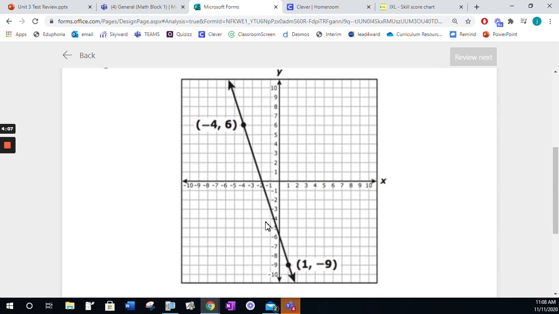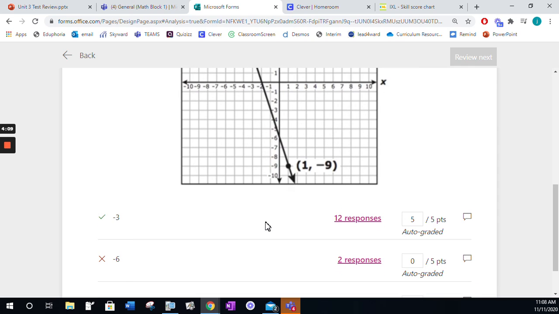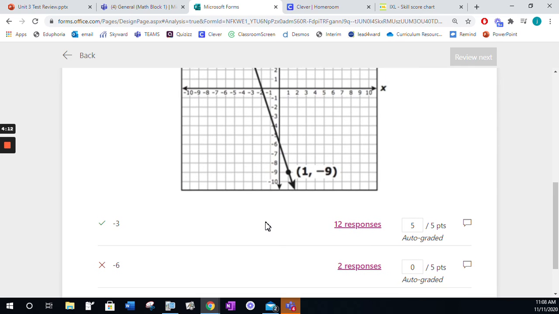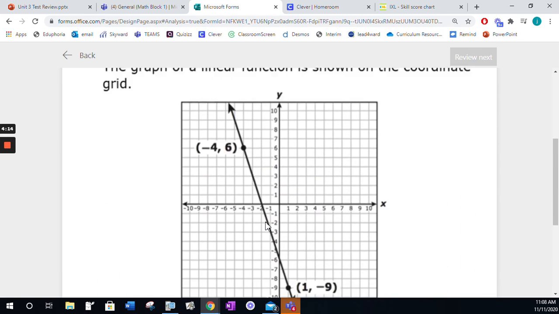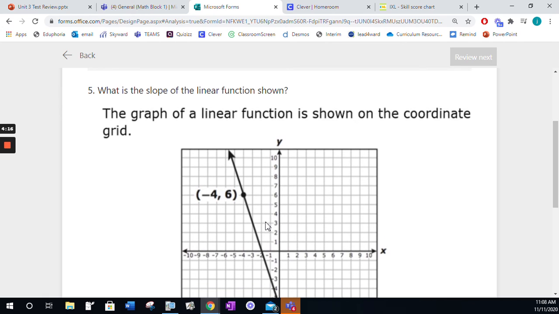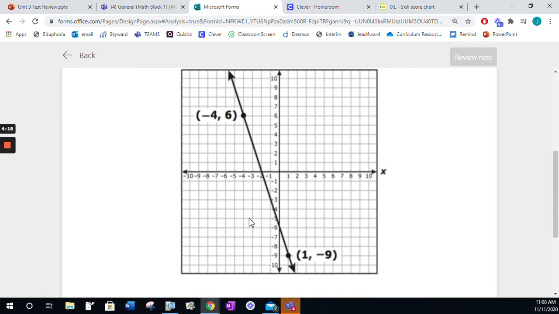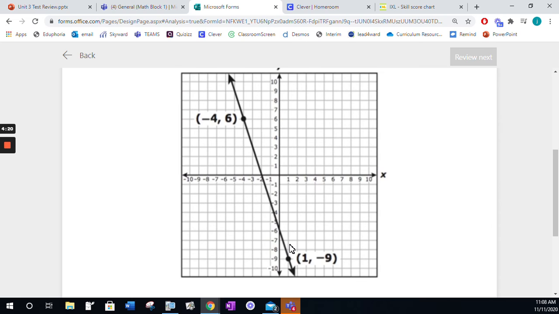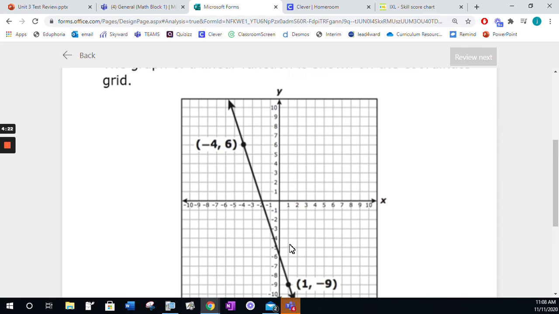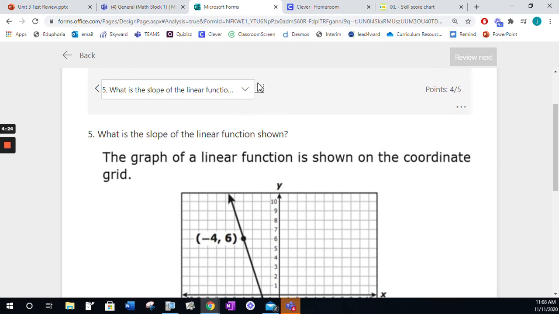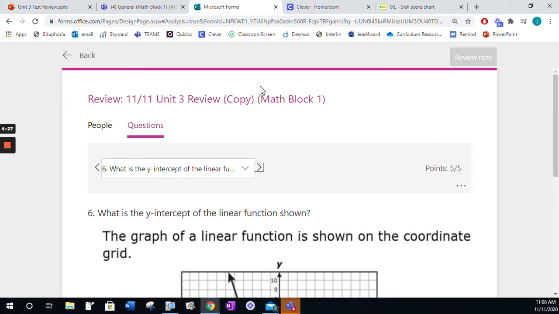Number 5, remember you can use stat edit. You could also just look and see the slope. You could use stat edit, get your 2 points, and put them in. Moving on. Okay, here we go.